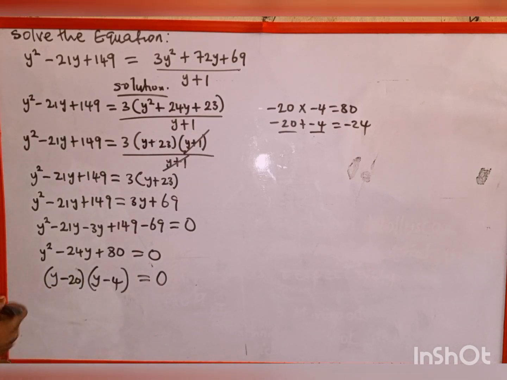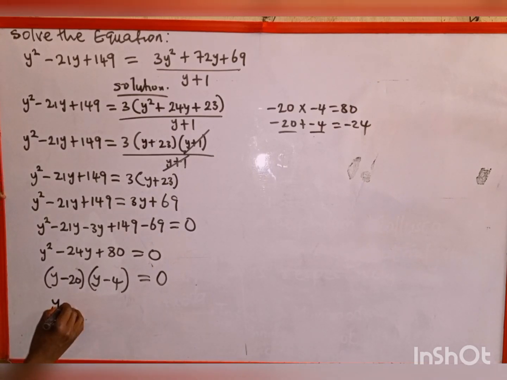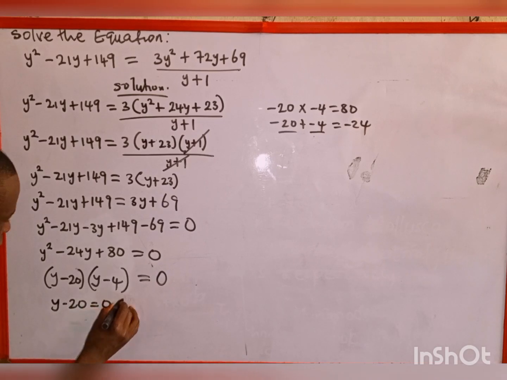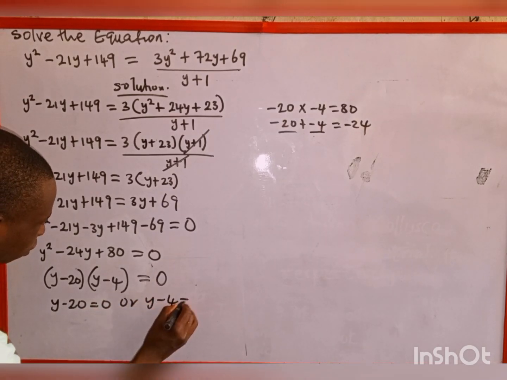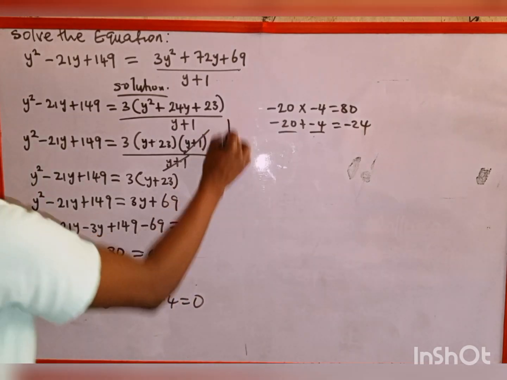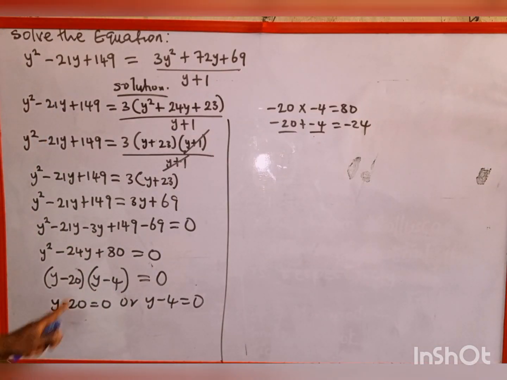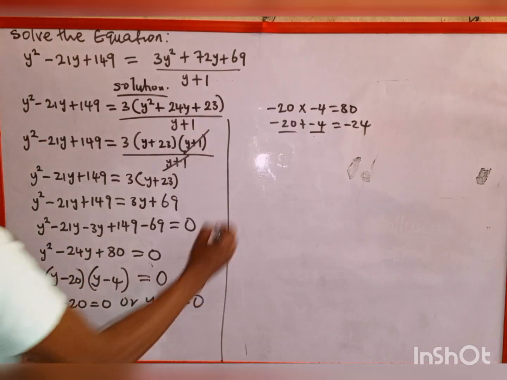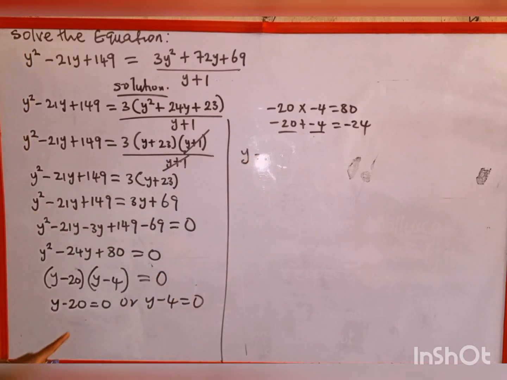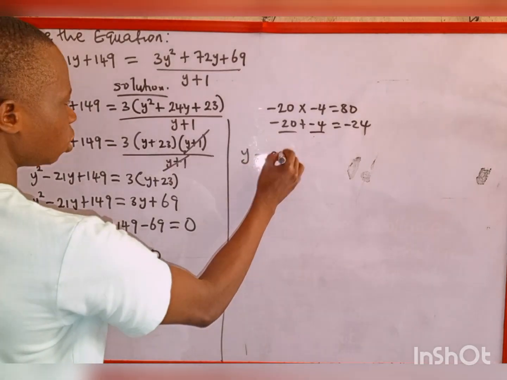And remember, when two terms multiply each other and equal 0, either y minus 20 is equal to 0 or y minus 4 is equal to 0. So now we can take this minus 20 to the other side to get the first value of y. y now will be equal to, when minus 20 crosses the equality sign, it will change to positive 20.